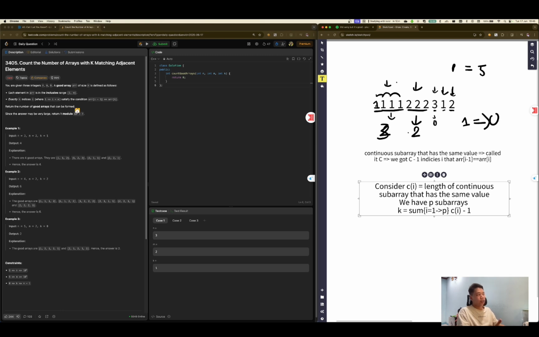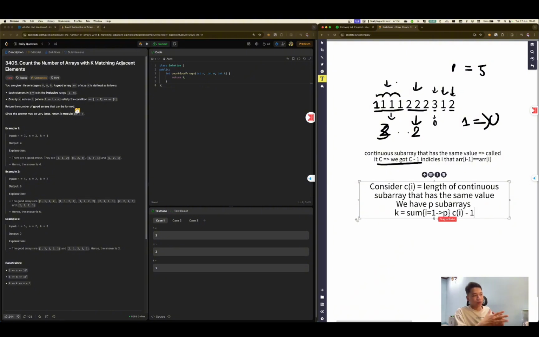As I said before, we have c minus 1 here, and k is given, and we need to find the solution. That is, find all the ways to form the array that satisfy this condition on k.